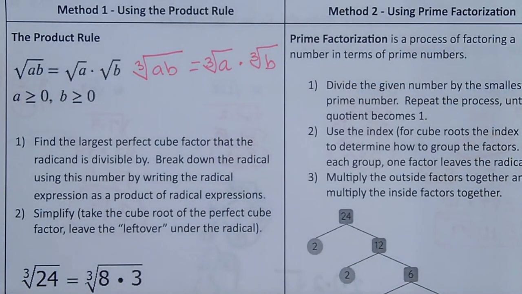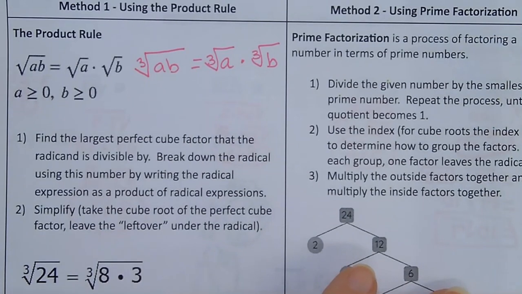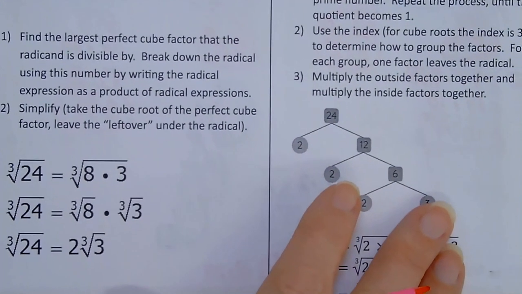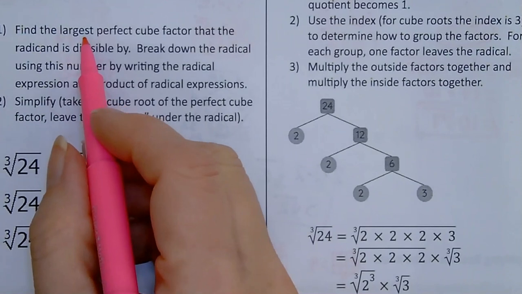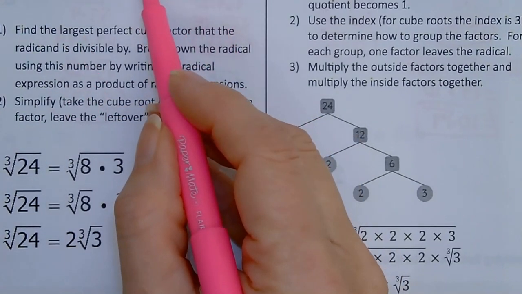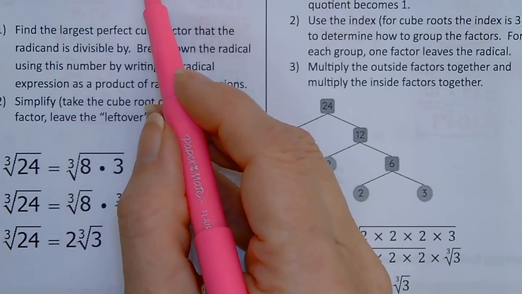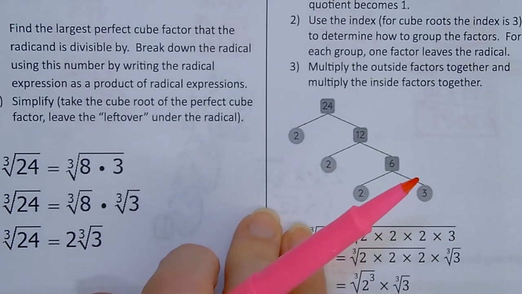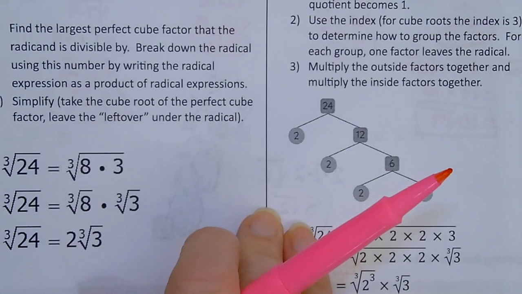And that's helpful because we can split things up to find perfect cubes. If I'm using the product rule, what I'm really trying to do is break up my radicand into factors where one of the factors is a perfect cube this time, since I'm looking for cube roots.